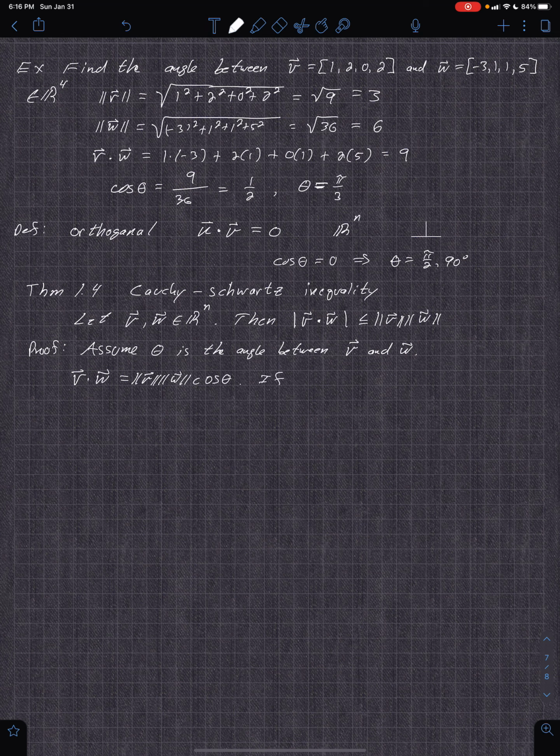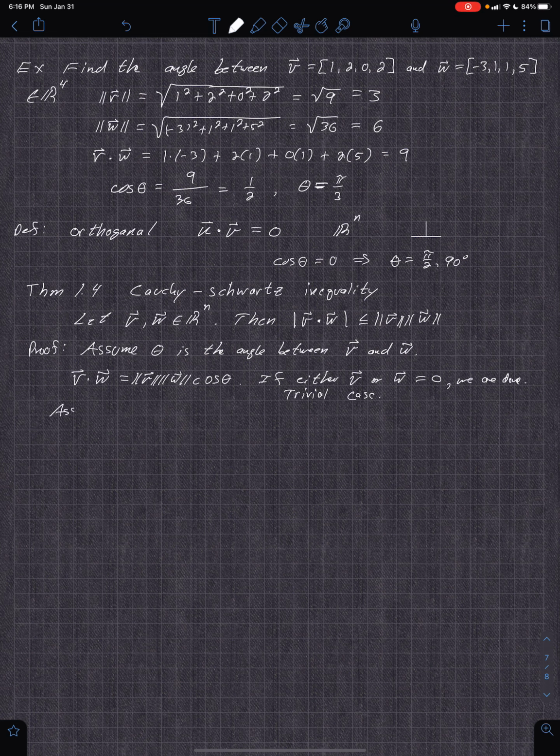Okay, so if either V or W is equal to 0, we are done. There's nothing else to do, right? Because you get 0 equals 0 if either of those are 0. That's called the trivial case. So let's not worry about the trivial case.